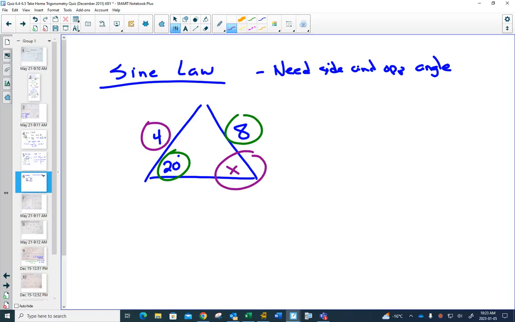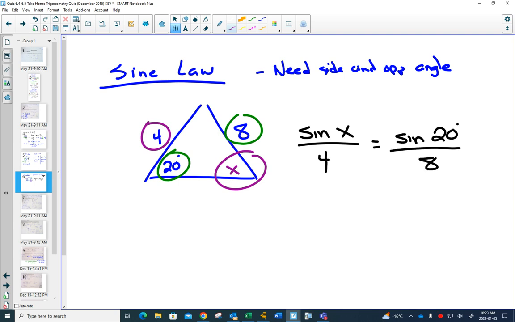So, with that in mind, the sine law either lets you put the side on the top or the sine on the top. Depending on what you're solving for, that's what determines what I would recommend you put on the top of your fraction. In this case, we want to solve for x, so I would put sine of x on the top. That one goes with the 4. On the other side, I put sine on the top with 20 degrees.